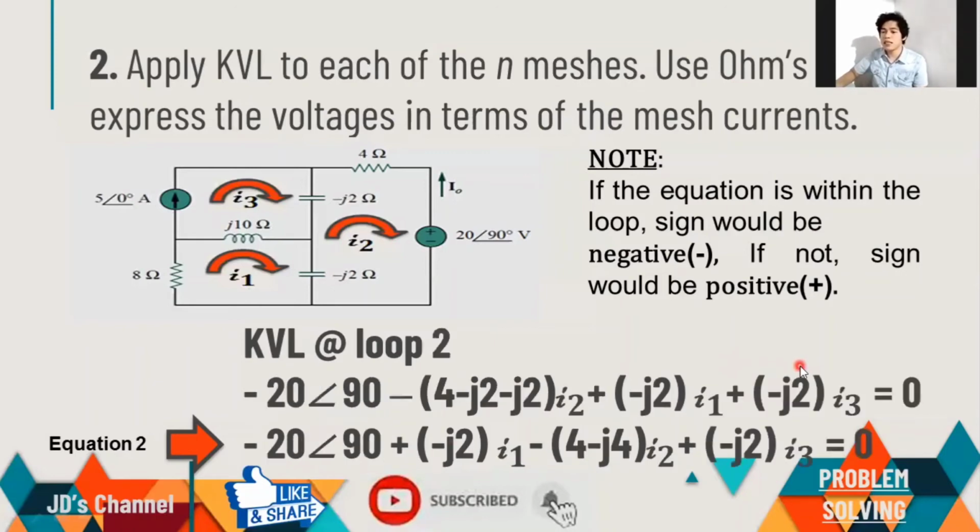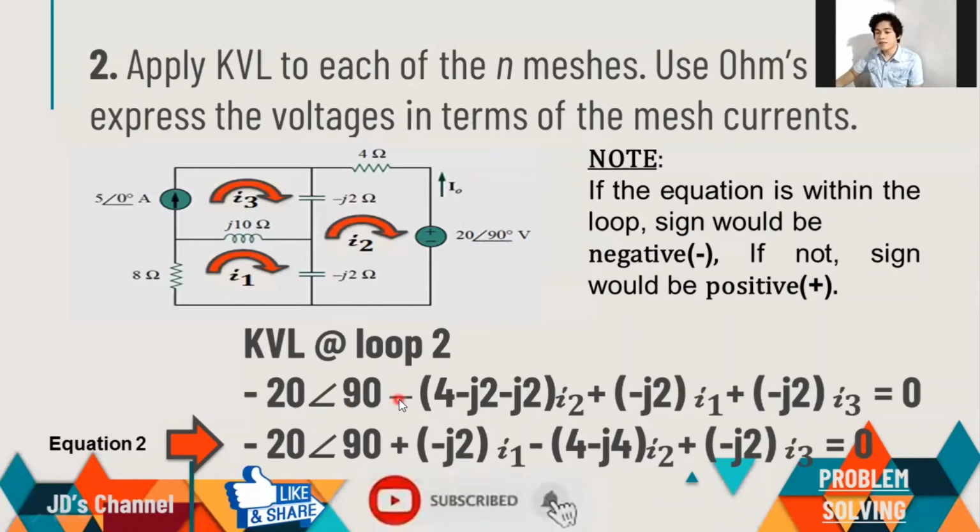And the next, class, is loop 2. We will loop on 2. Okay? KVL at loop 2. So we start here at the voltage source. So, negative 20 angle 90, minus.